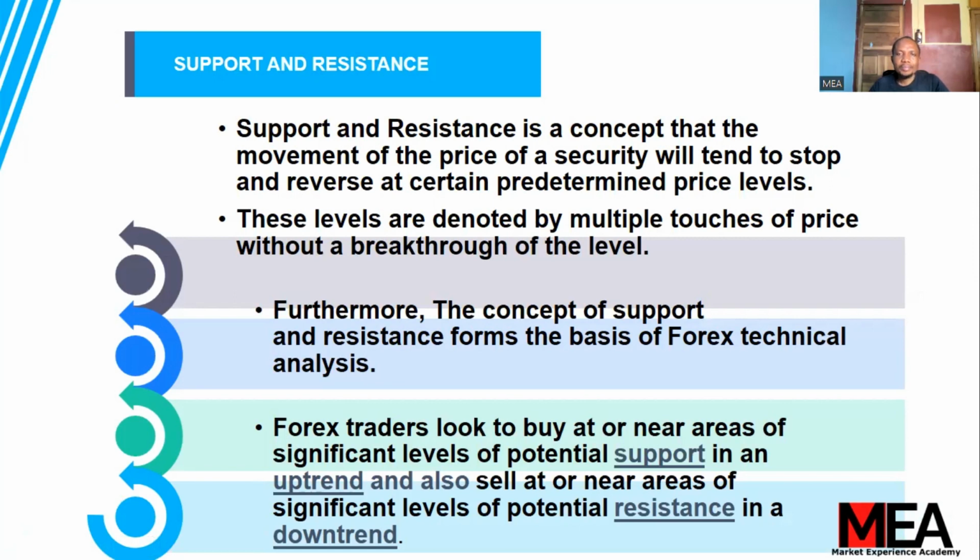From what we have in my slide, support and resistance is a concept that the movement of the price of a security will tend to stop and reverse at certain predetermined price levels.